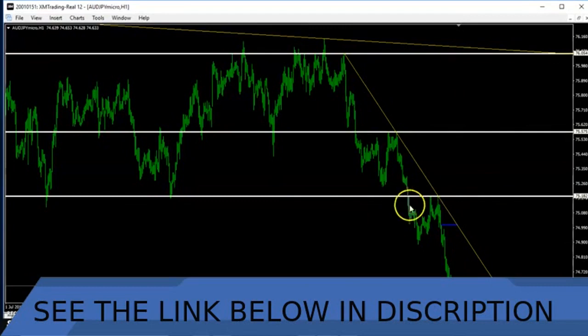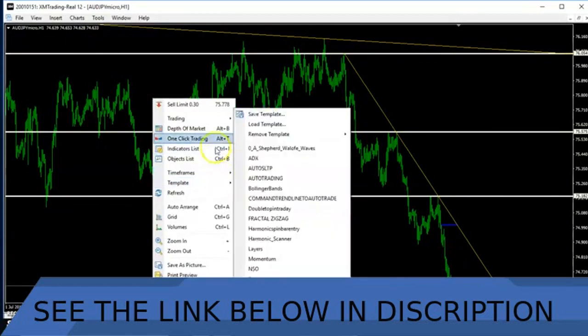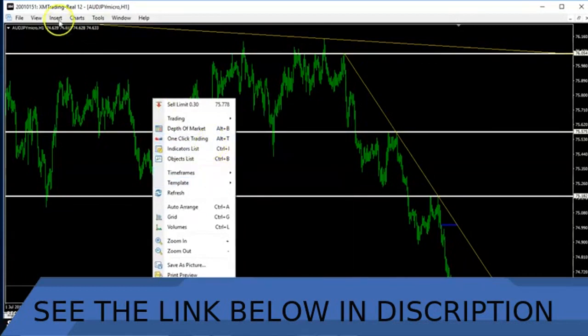Now this happens to be another line, following the same principle, that price will break this line and retest. Price broke this line, retested, and we know price will do a 100 pips move down. This is it.